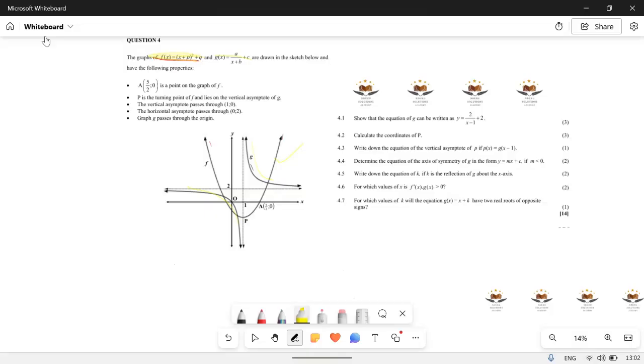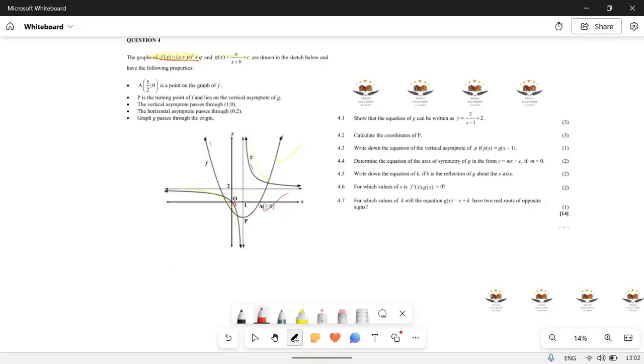So we also need to check that everything in the statement is also there in the graph. We can check the point A is there. We also have the vertical asymptote, and the horizontal asymptote is also shown, and the graph is passing through the origin. That's the point right there.